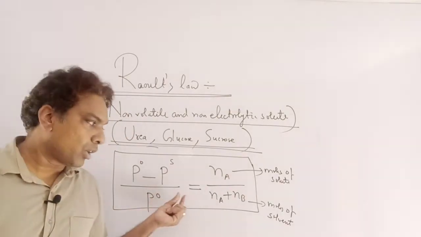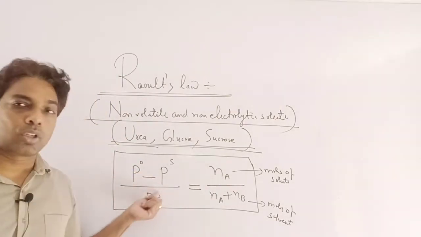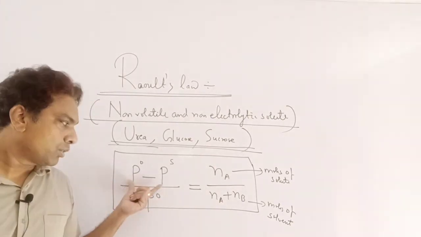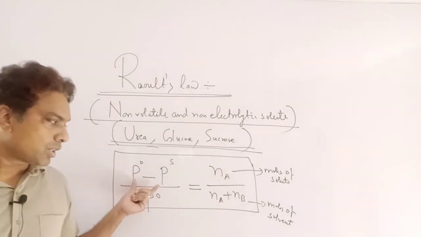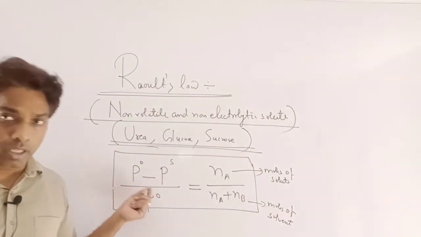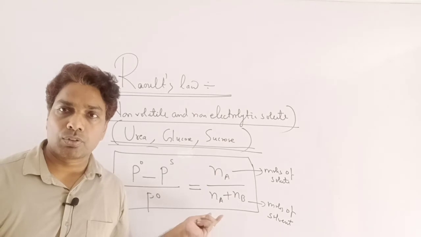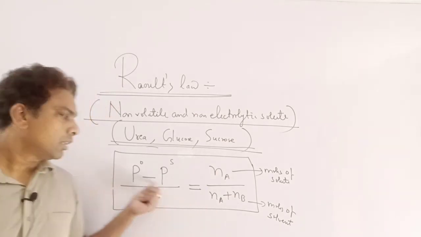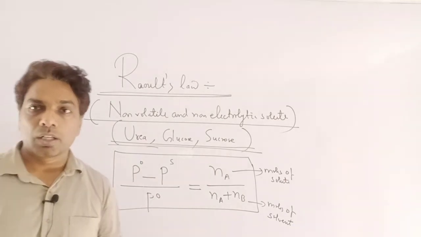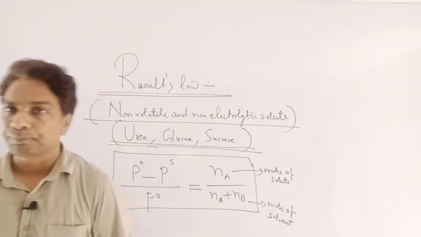So for a non-volatile and non-electrolytic solute, we can calculate the lowering of vapor pressure if the mole fraction is given. So here P0 minus Ps upon P0 is equal to Na upon Na plus Nb.